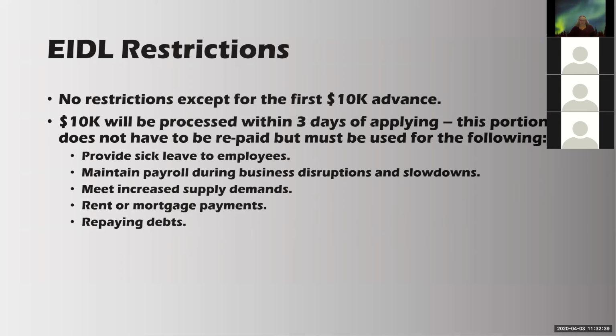This one can be used for rent or mortgage payments, and it's not only interest, so you can actually pay your full loan. And it can also be used for repaying other debts too. So if you have a loan out there and you're having a hard time getting that paid, then this can be used. There's no restrictions on that 10K as long as it's used for continuing your business.